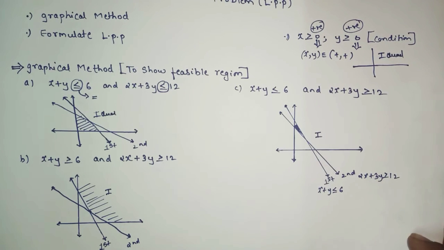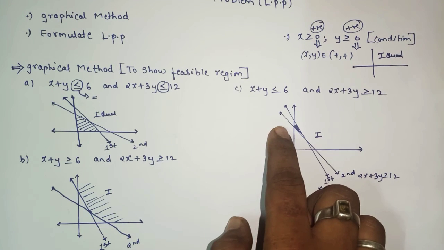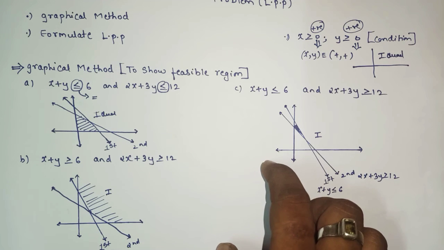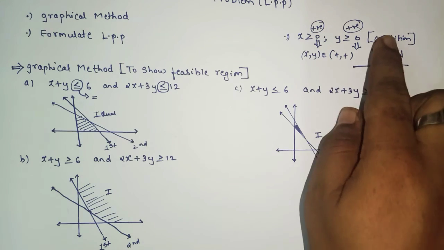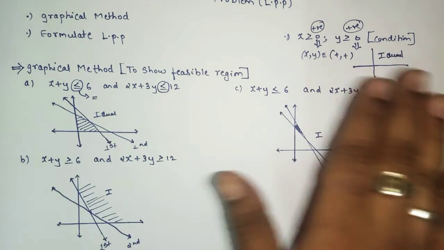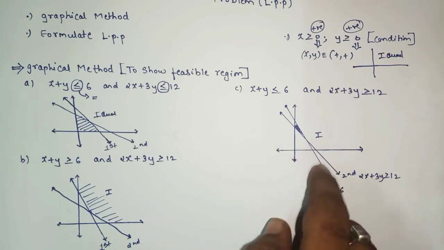In the exercise you will see the majority of the sums are based on the first quadrant only. There are two or three sums where you have to consider the second quadrant as well as the third, but I will say 99% of the sums are based on the first quadrant. No need of taking the second, third and fourth quadrant.